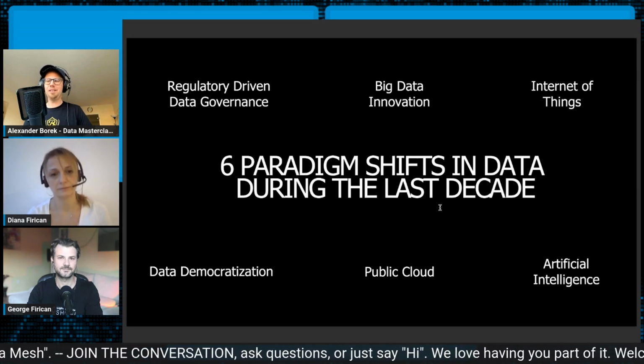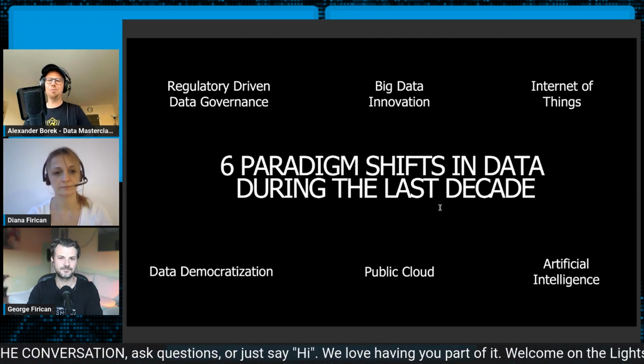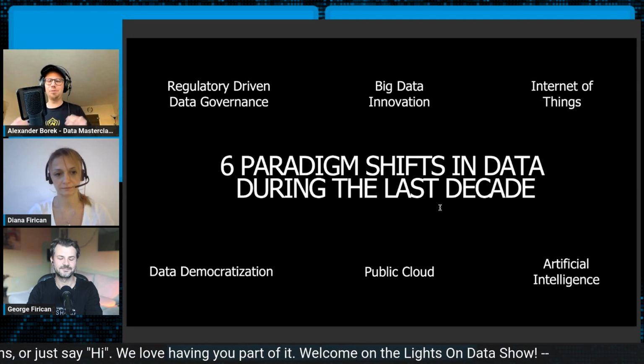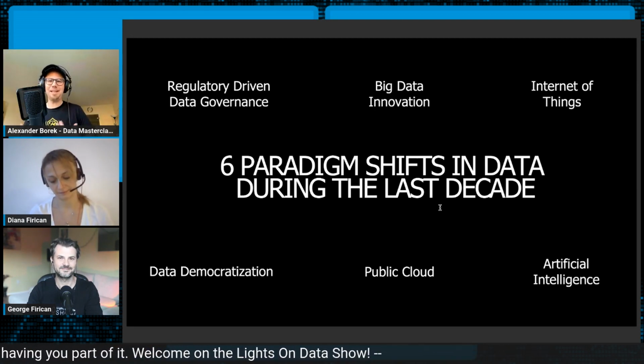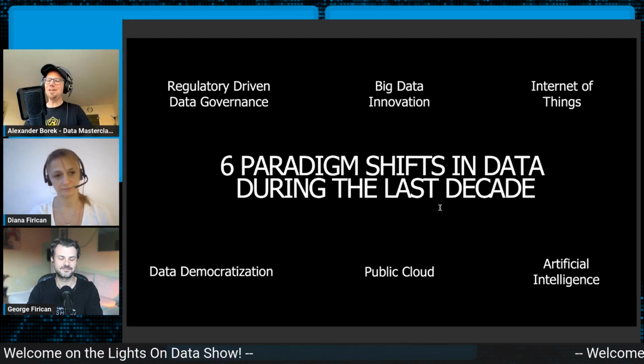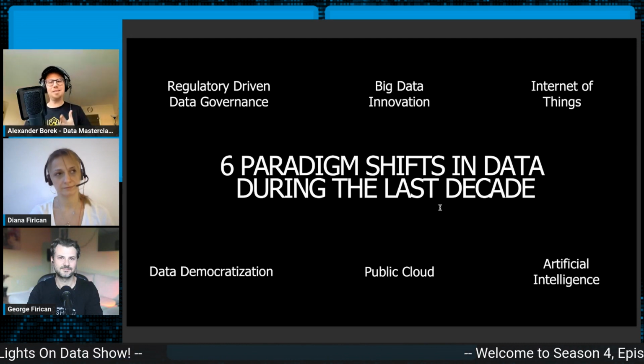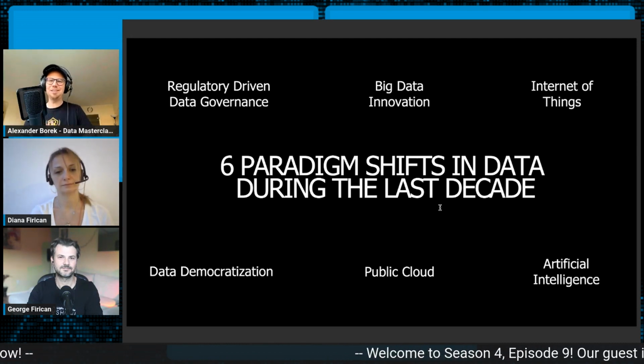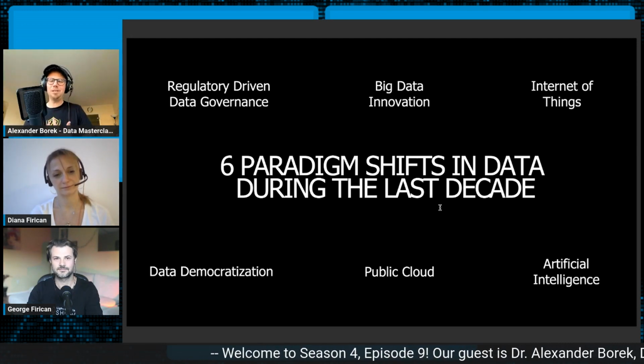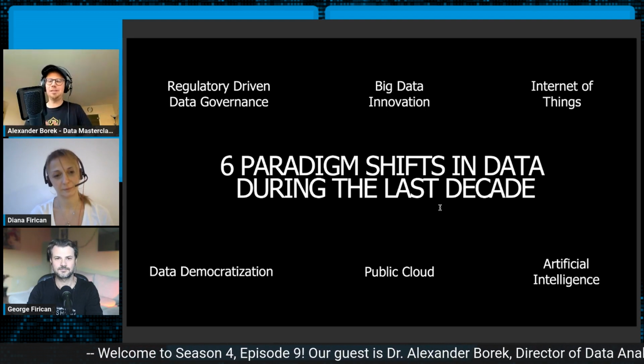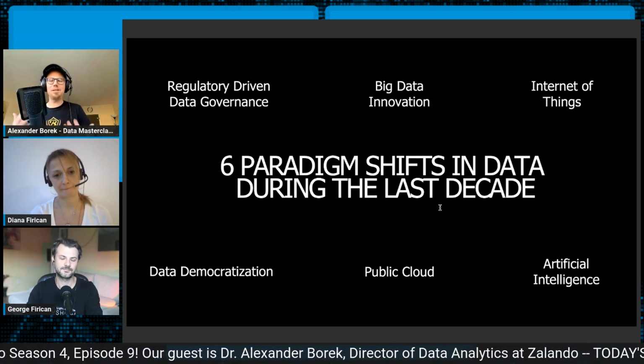Then going to Internet of Things, where we also captured data from the real-life environment, like from trains or from machines in the factory. And then using all that data more widely, not only by the very privileged data scientist, PhD type of guys, but through data democratization, self-service BI, and then public cloud.